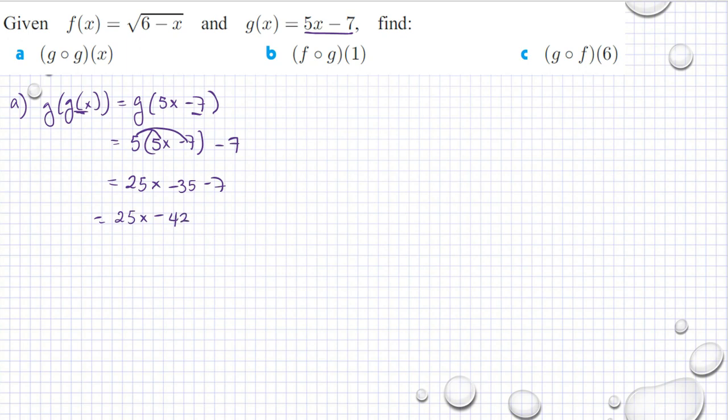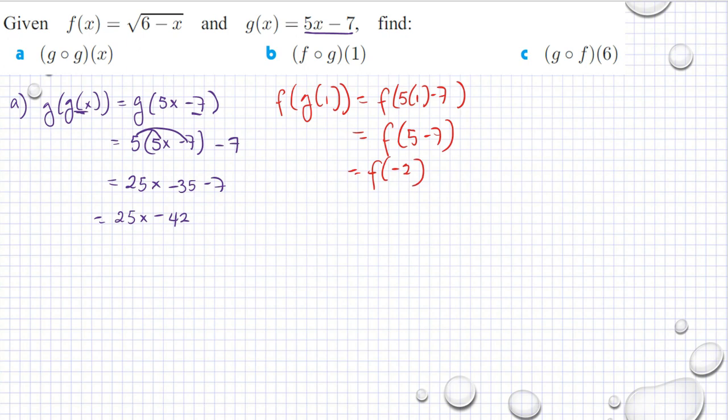Then we have 25x minus 42. Okay, for our b, we're going to find f of g of 1. Our g of 1 is 5 times 1 minus 7. So we have f of 5 minus 7, so f of negative 2.